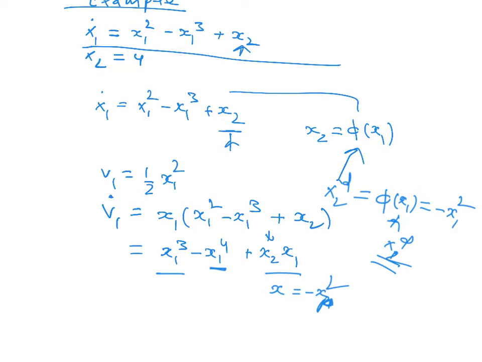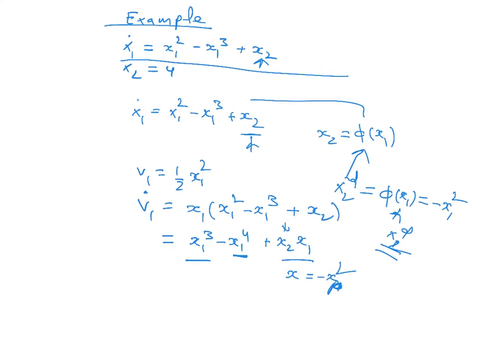So what you can do is, in our first equation, rewrite it as x1 squared minus x1 cubed plus x2, and then add phi of x1 minus phi of x1. Add and subtract.